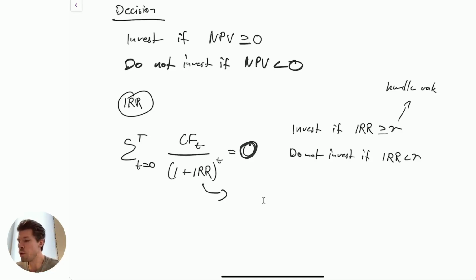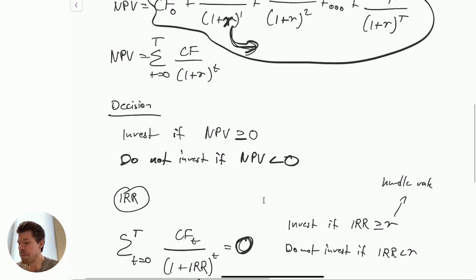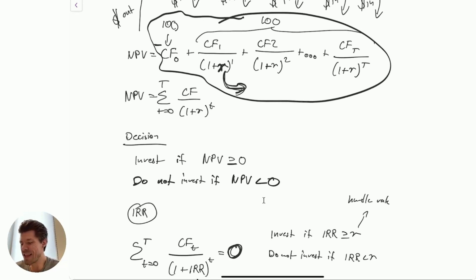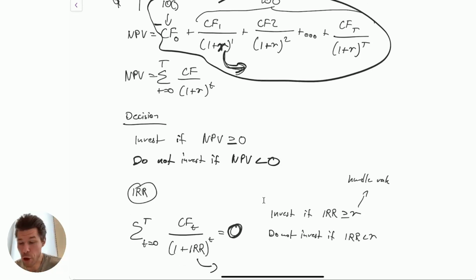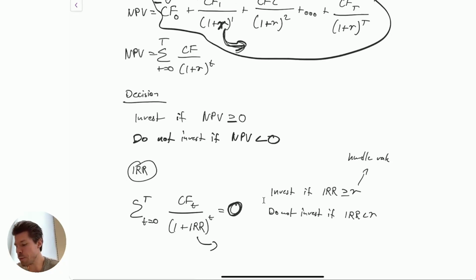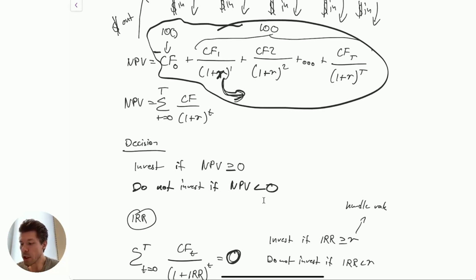There are a few nuances in terms of IRR and NPV. NPV is usually the better approach because first it gives you currency terms, which sometimes you really want to know: in US dollar, Australian dollar, what is the value of my investment? And also, because we are discounting every single cash flow, IRR assumes you are discounting your cash flows at your internal rate of return, which is practically not the case.